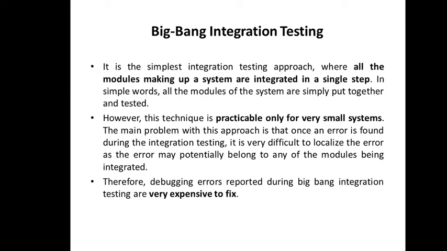You have to check each and every interface for error, so the time required will be more. This is the problem associated with Big Bang integration testing. It is not practical, or least practical, and applicable only to a smaller system. It becomes expensive because the effort required will be more.